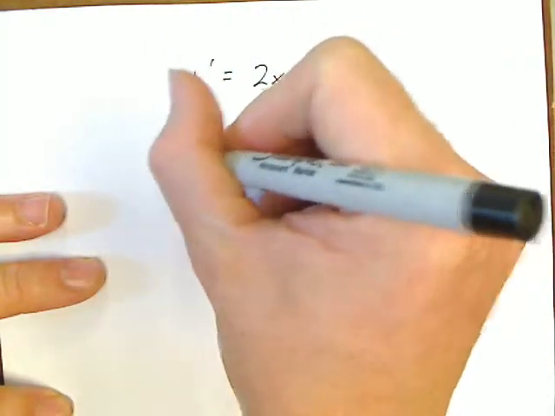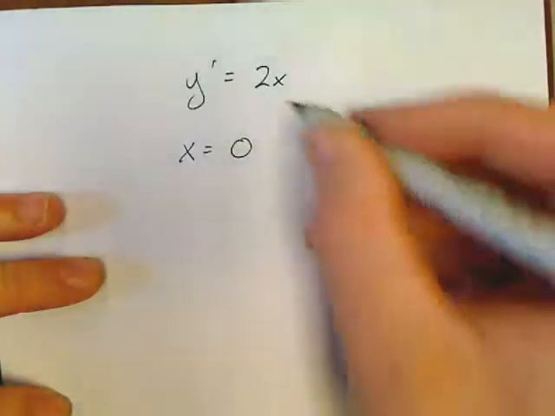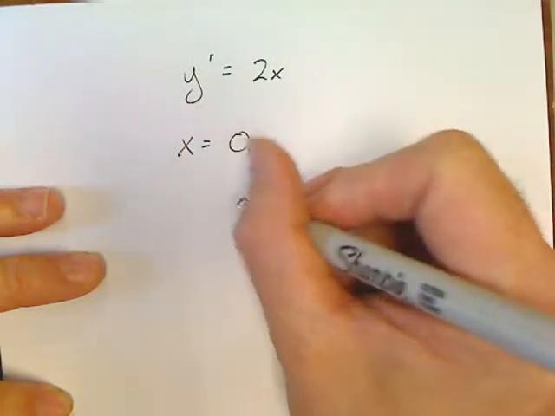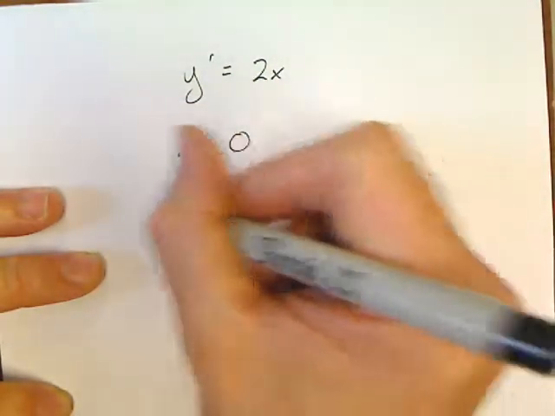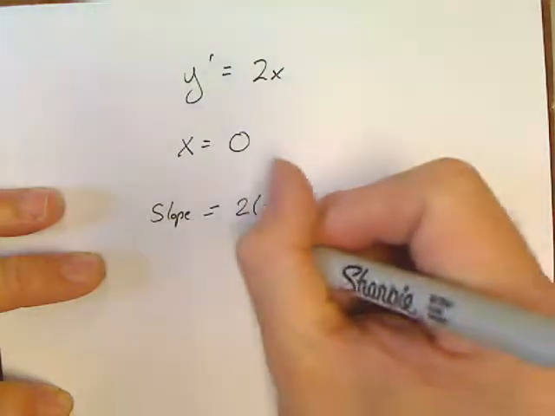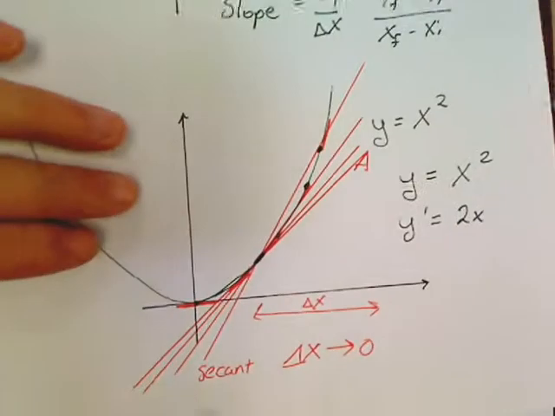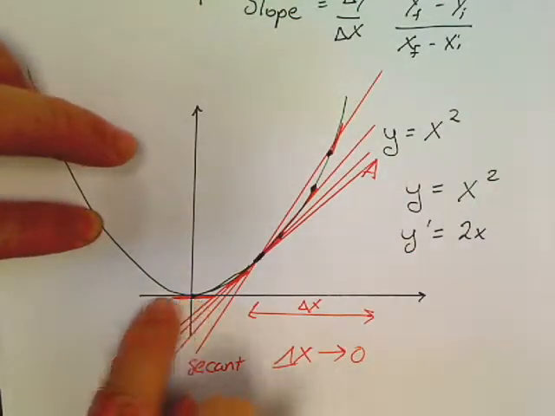So what is your slope when x equals 0? Plug in the value 0: 2 times 0. Your slope would be 0.